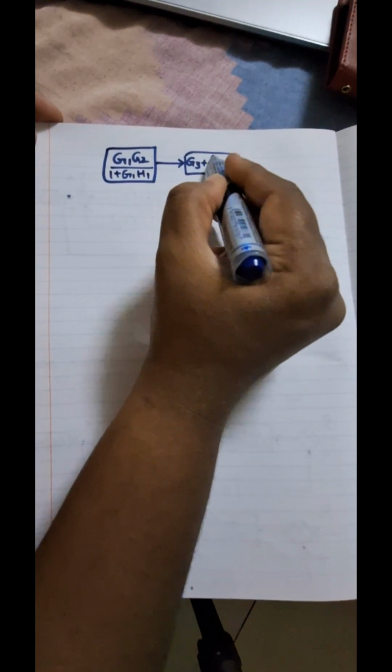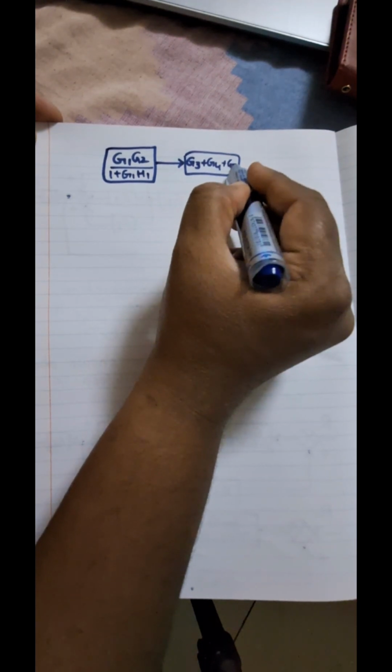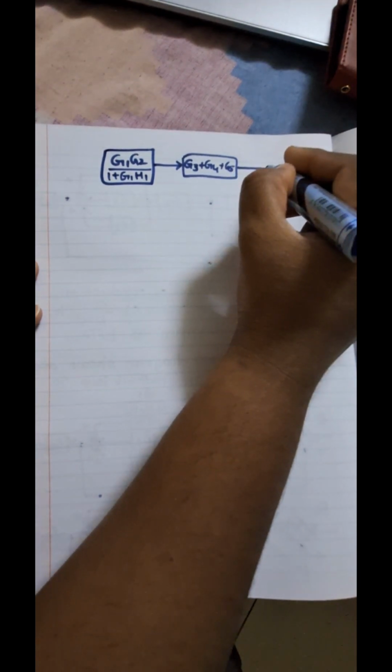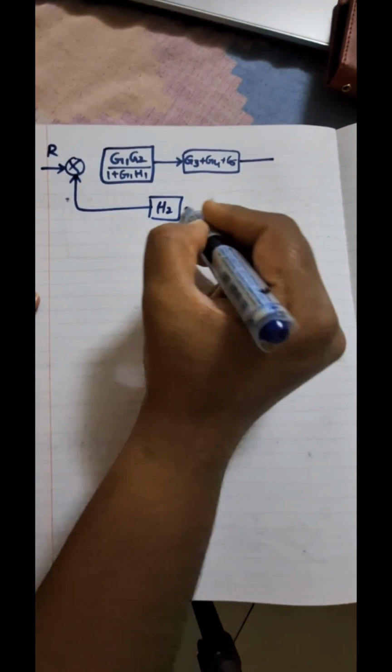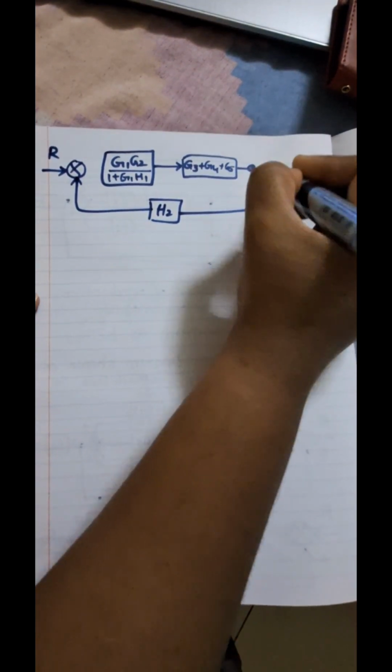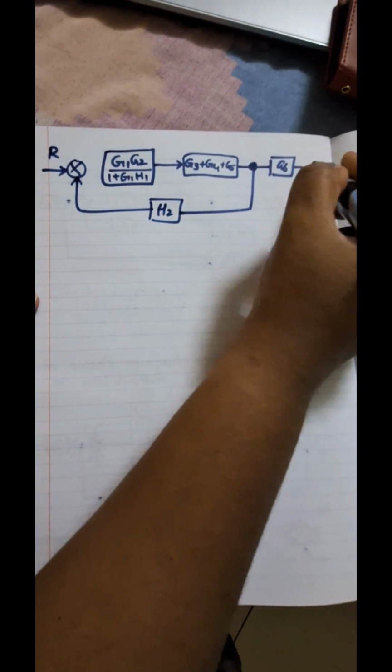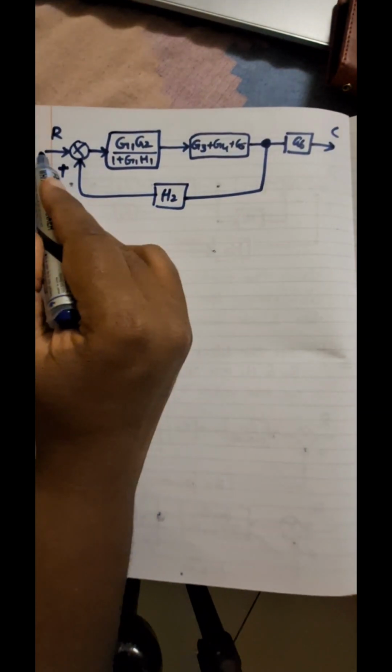So G3 plus G4 plus G5 means G3 of S plus G4 of S plus G5 of S actually. So summation is gone, reason is you added them. But here you have another summation with R going with the feedback H2 with your node and G6 and C. Now this is left.